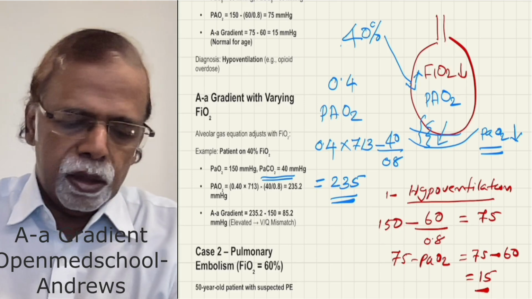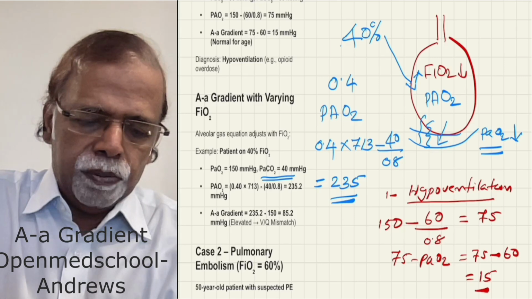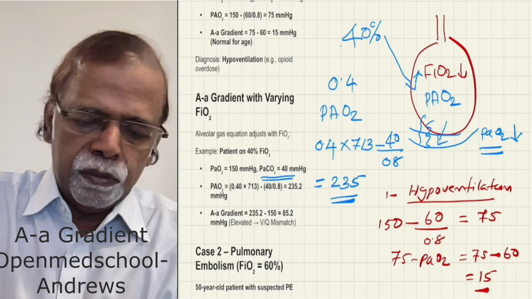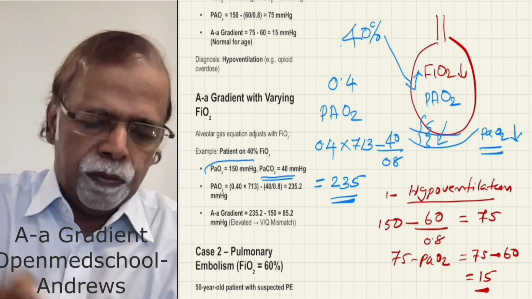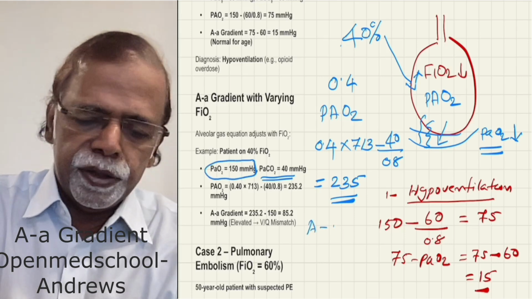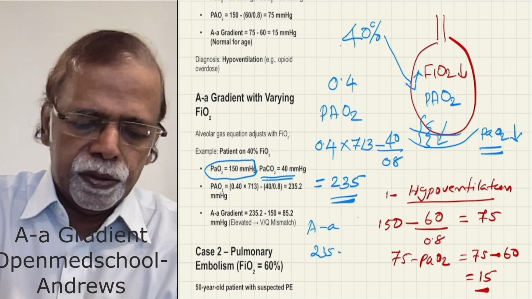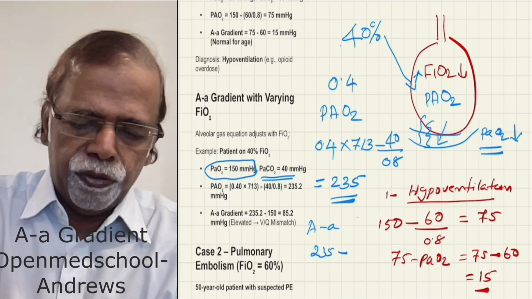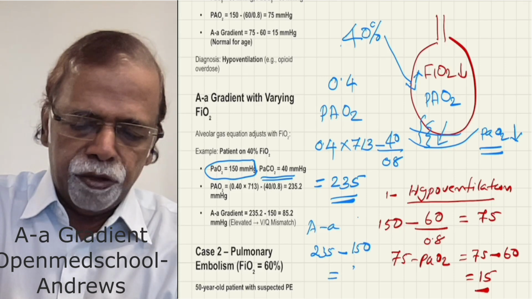Now look at the PaO₂. The PaO₂ of the patient is 150. So what will be the AA gradient? 235 minus 150 is equal to around 85.